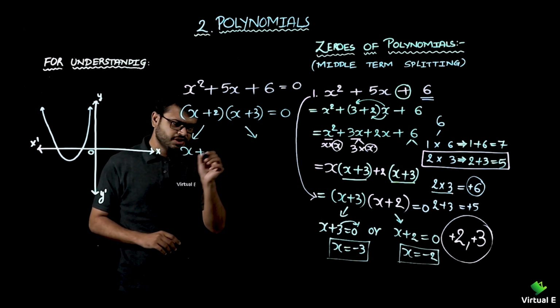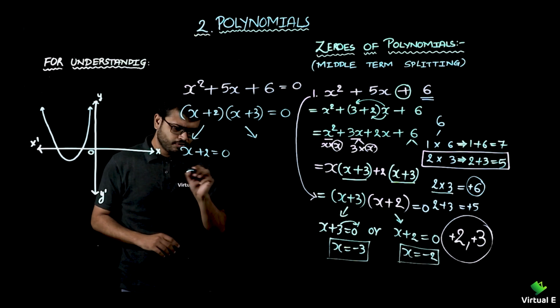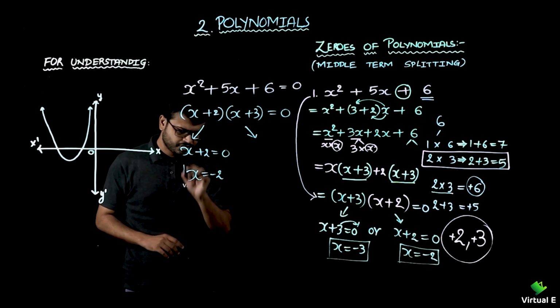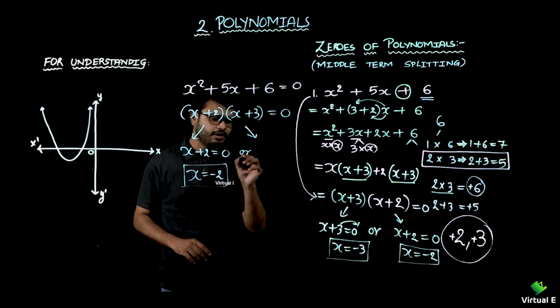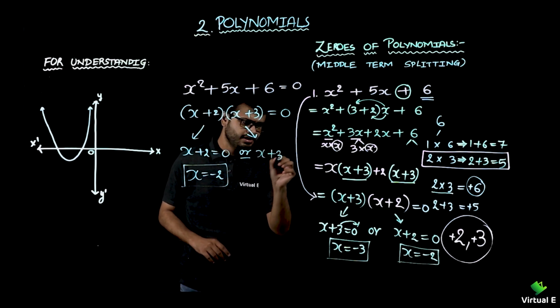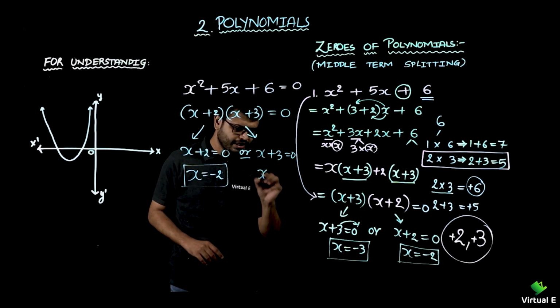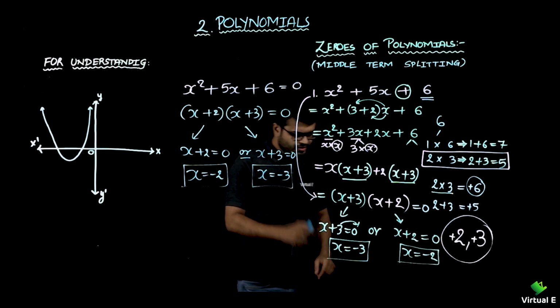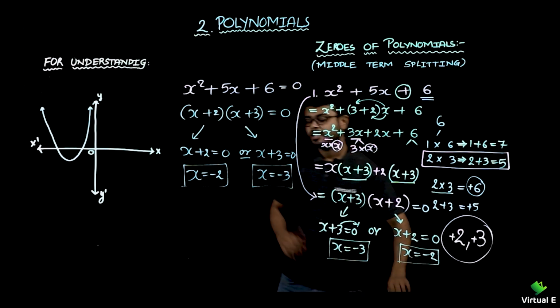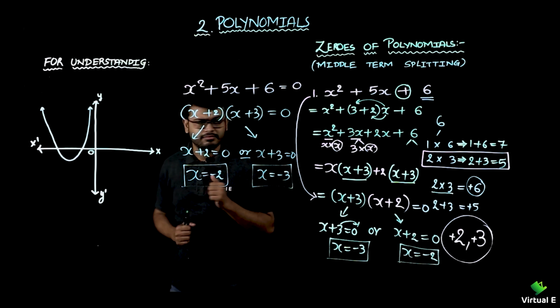Either you take x plus 2 is equal to 0, so you get x is equal to minus 2, done, that factor is there. Another, or x plus 3 is equal to 0 and you get x is equal to minus 3, that's the second factor. So remember this easy trick to write the zeros very quickly so you can save your time.